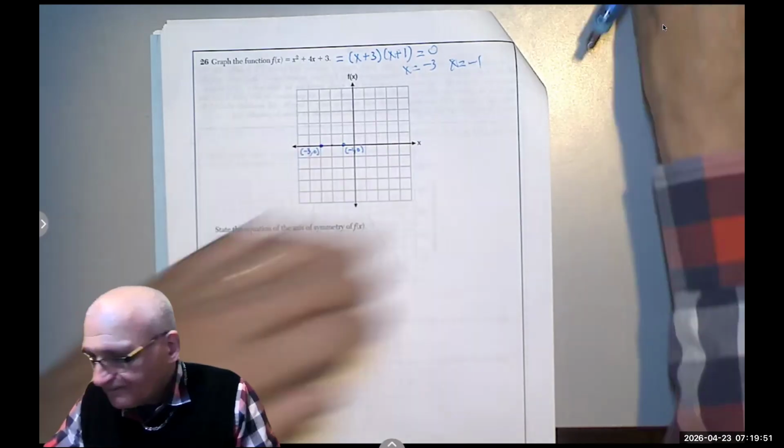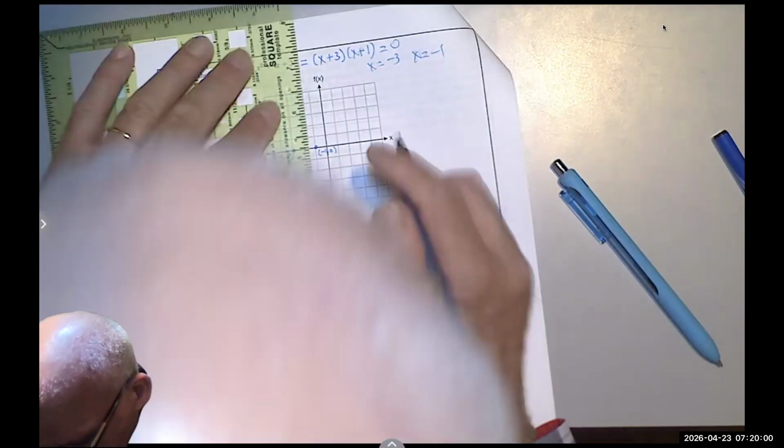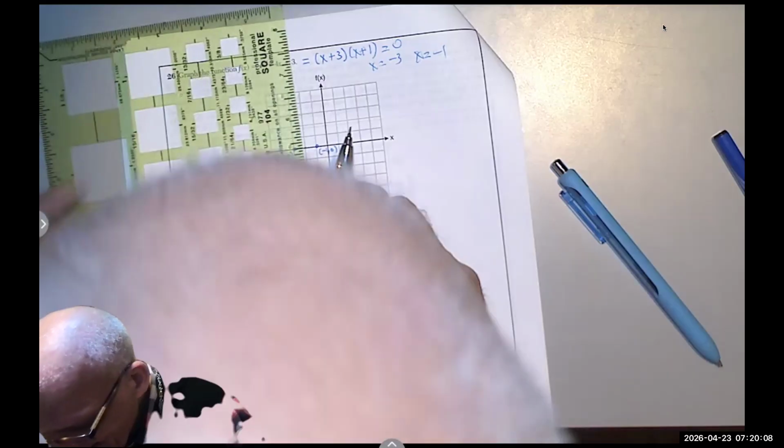So really, I'm going to draw it with a dashed line because it's not part of the graph, but it's the axis of symmetry.